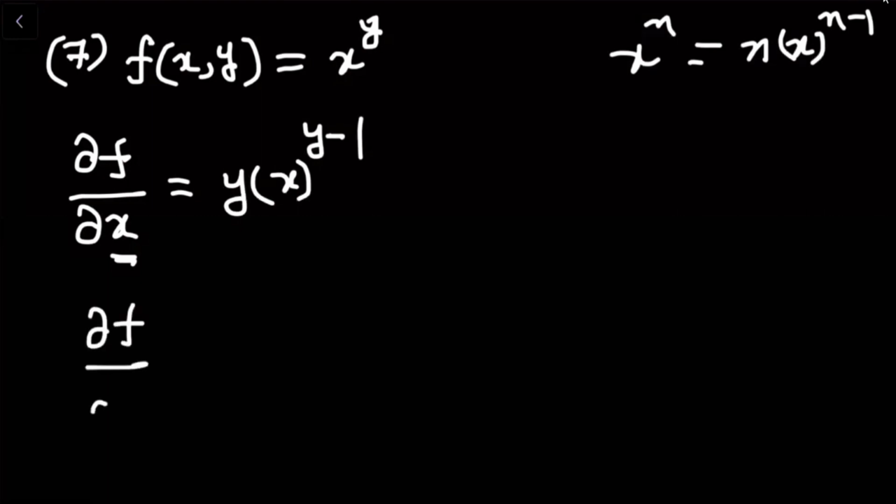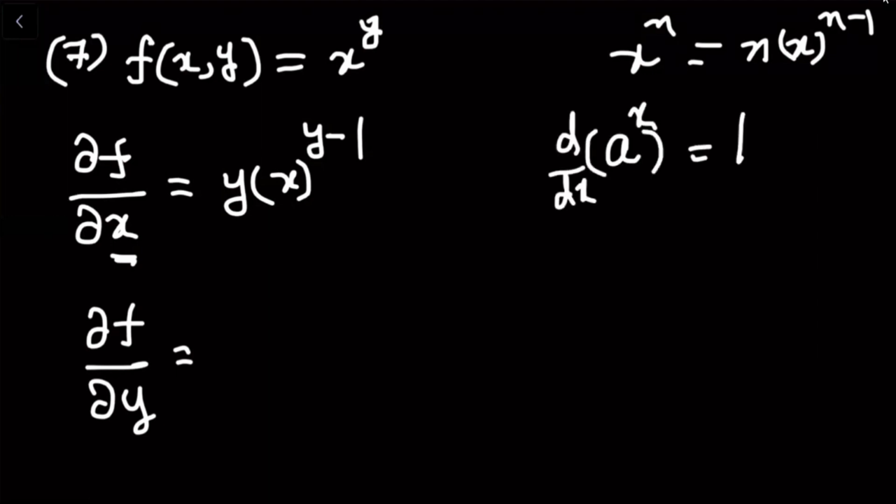But while differentiating with respect to y, since x is constant, it is a constant power variable, a^x. The differentiation of a^x, where a is a constant, is once again a^x times log a.